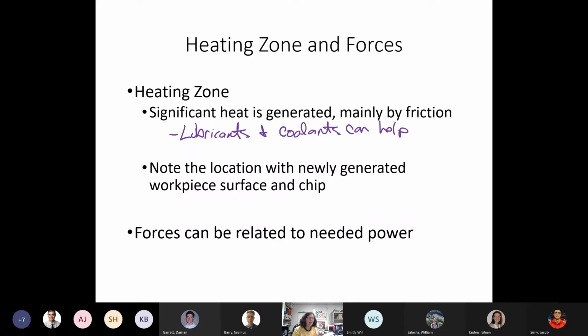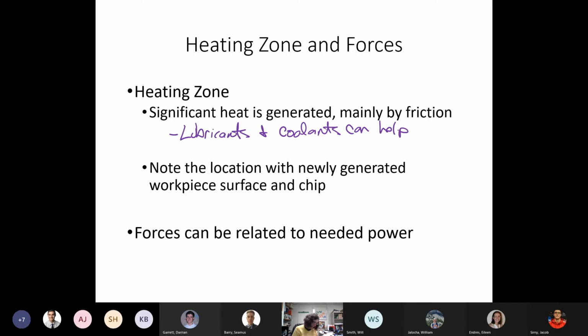In some cases, they recirculate. We'll talk about some of the factors that go into the choice of a lubricant. But certainly, lubricants can help reduce friction. Coolants can help minimize the heat buildup and help with heat transfer. Sometimes coolants can also help mitigate the negative effects of a higher temperature.